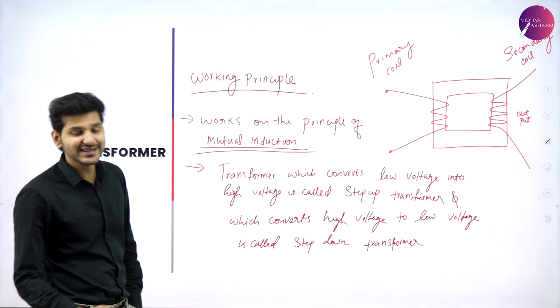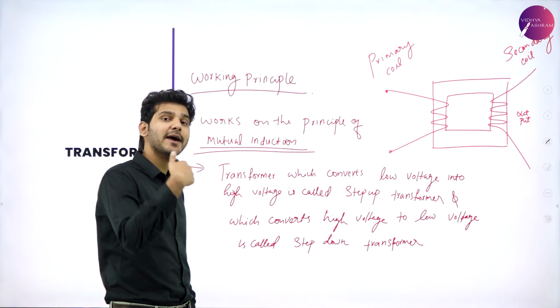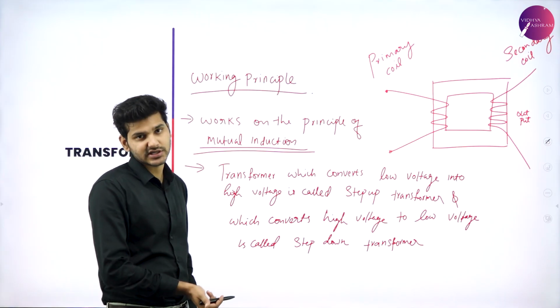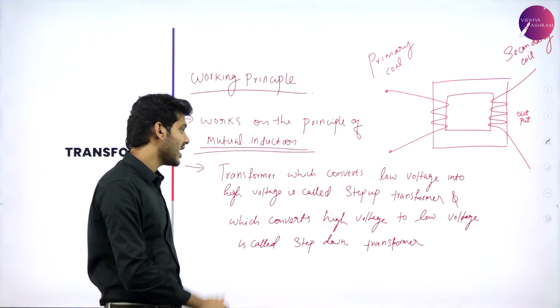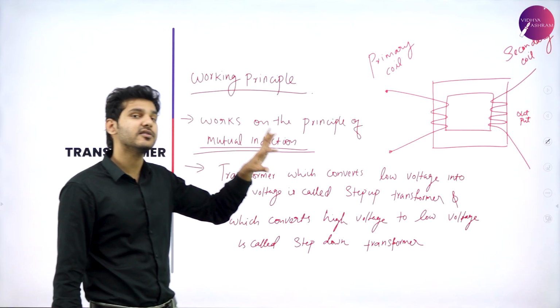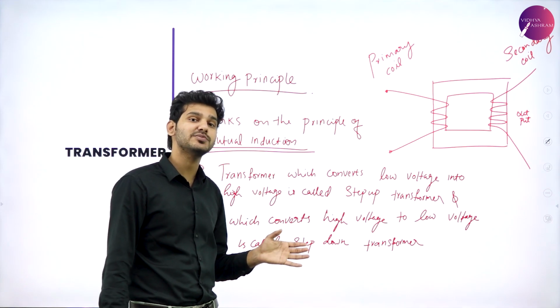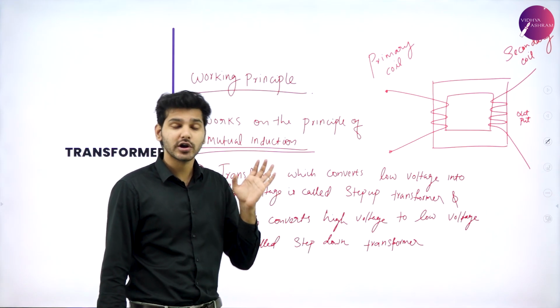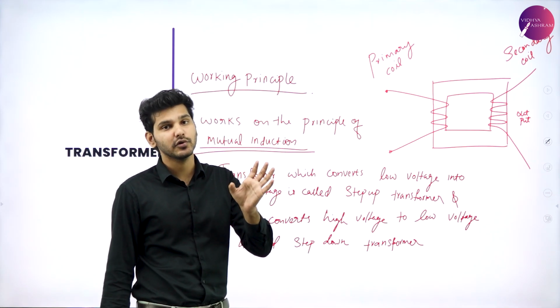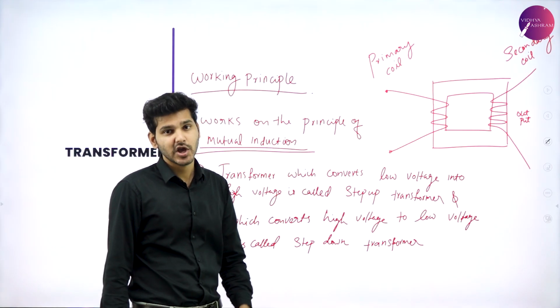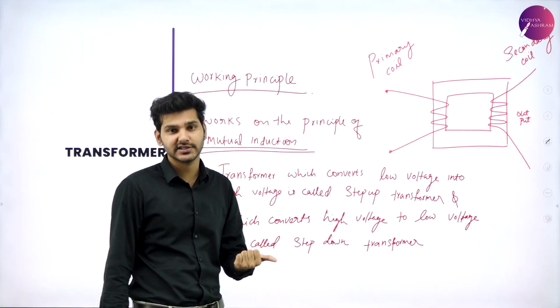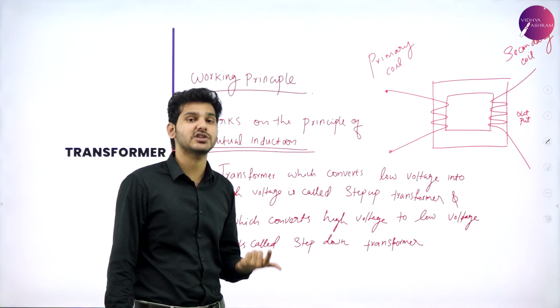So a transformer is an application of mutual induction, and based on its conversion, whether high voltage is being converted into low voltage or low voltage into high voltage, the transformer is divided into two categories: step up transformer and step down transformer.